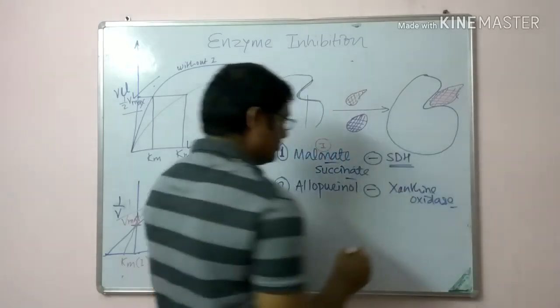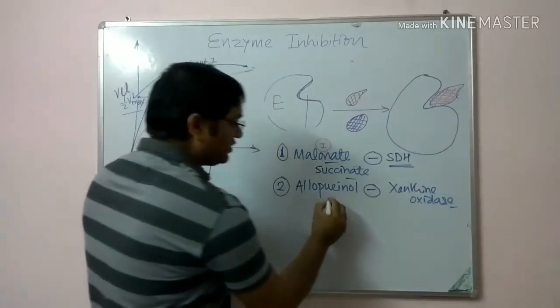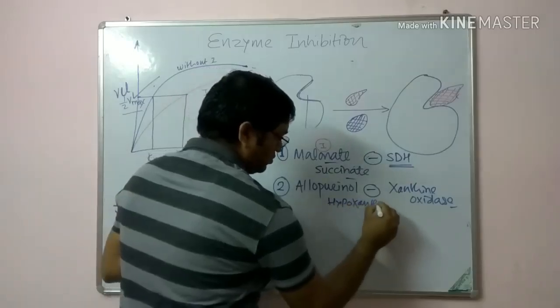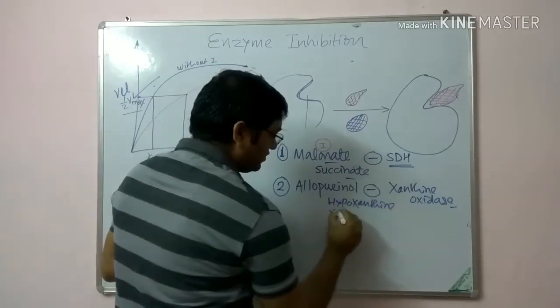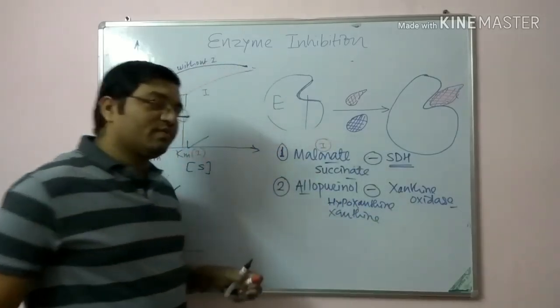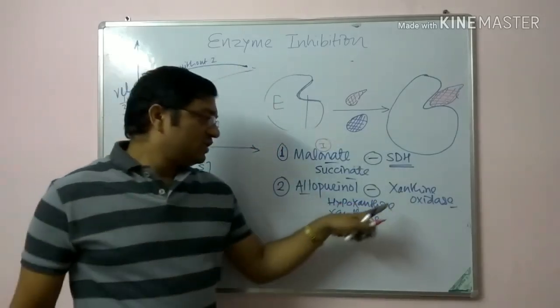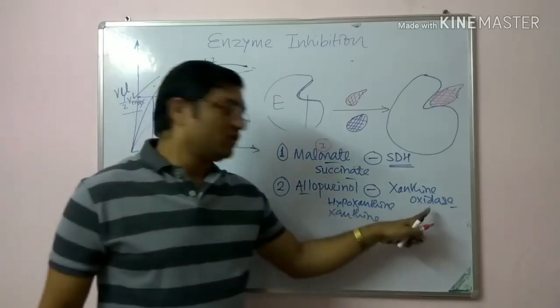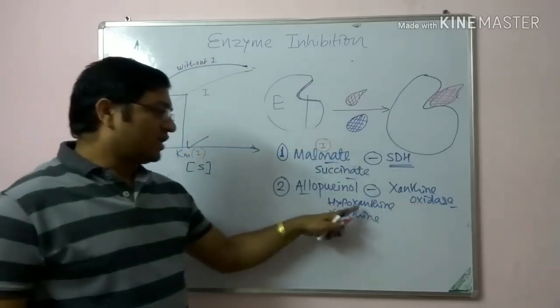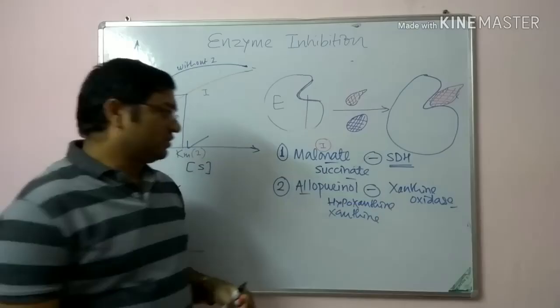This one is the enzyme, and hypoxanthine and xanthine are the substrates. This is also an example of suicide inhibition, but here it is an example of competitive inhibition. Allopurinol inhibits xanthine oxidase, and hypoxanthine and xanthine are the substrates.